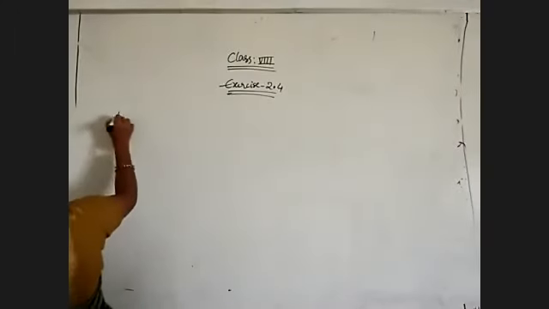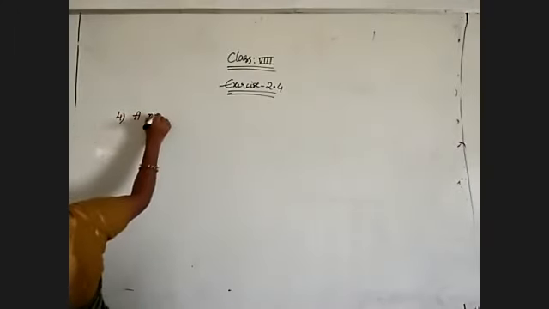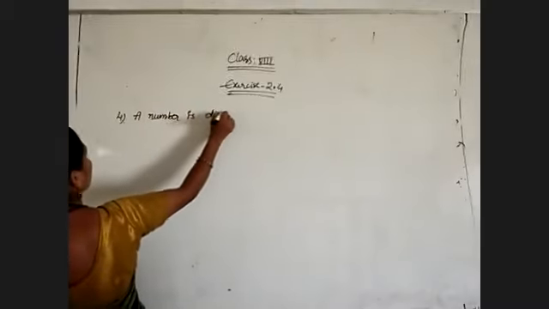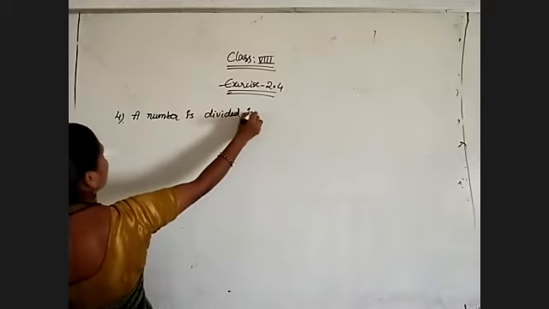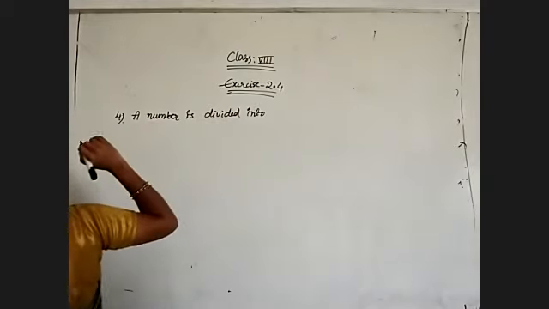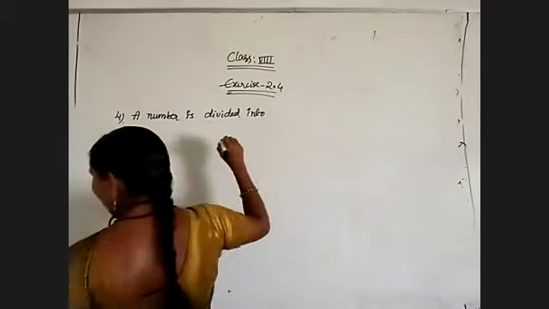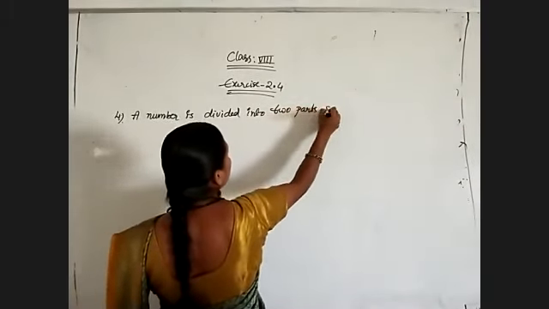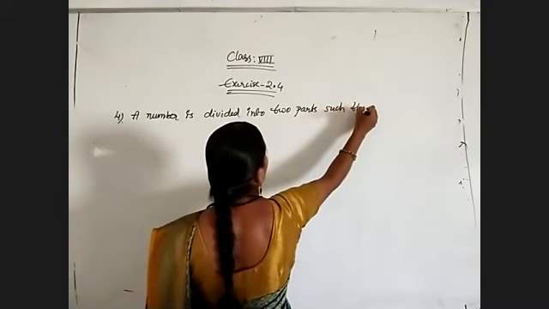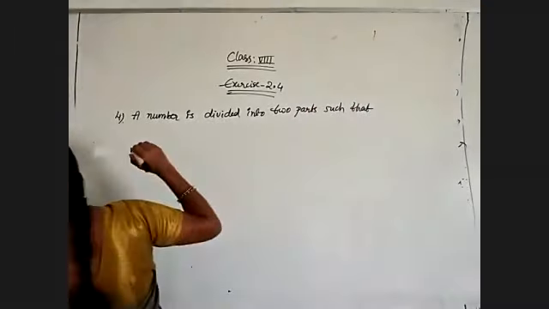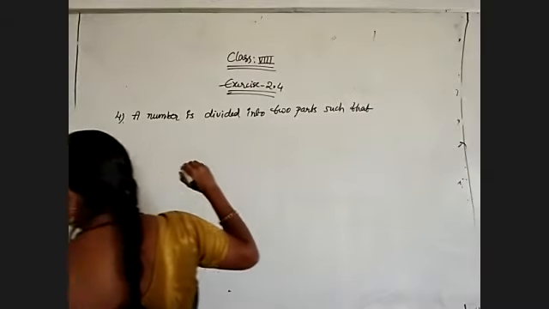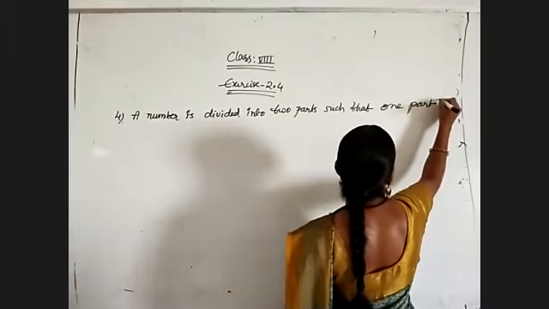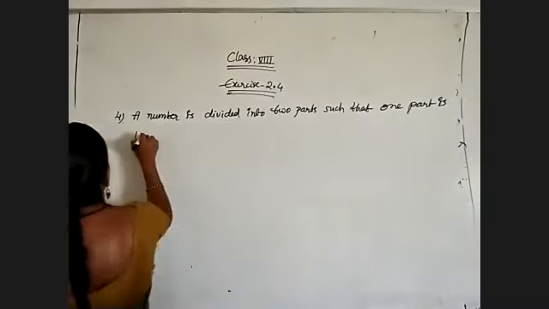A number is divided into two parts such that one part is 10 more than the other.